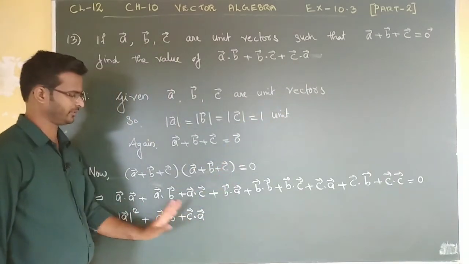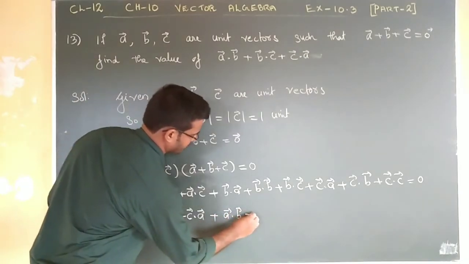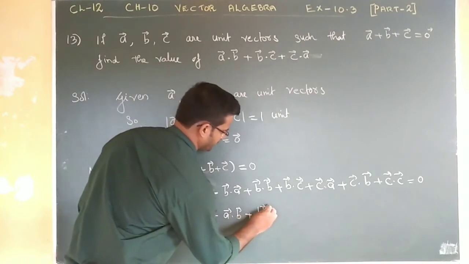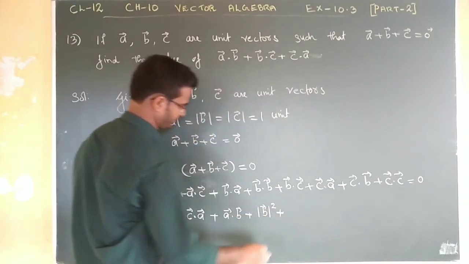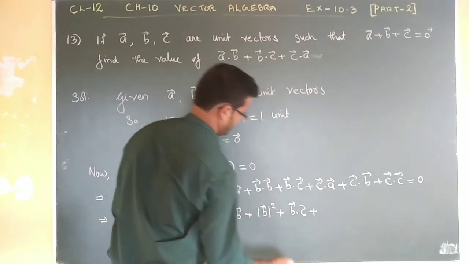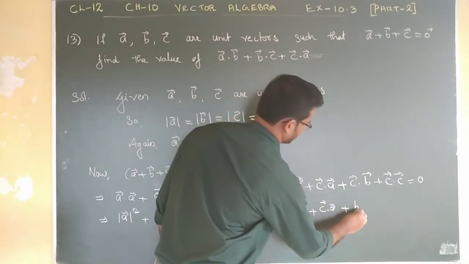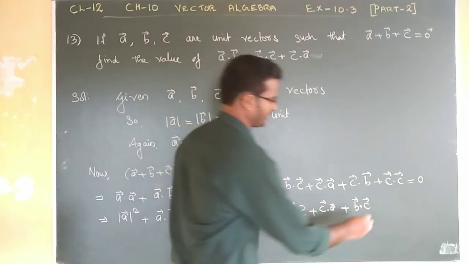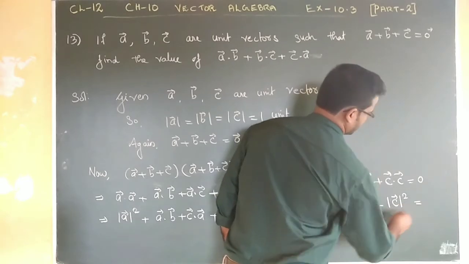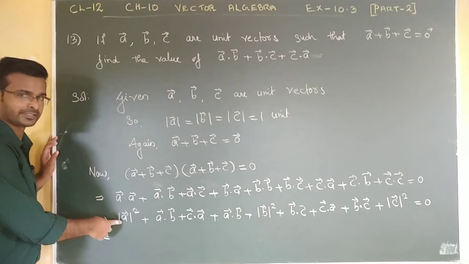I made it C dot A plus A dot B. B vector dot B vector we can write as modulus of B vector square. This is the same, B dot C, C dot A. Plus this also we can rearrange, B dot C plus magnitude of C vector square.